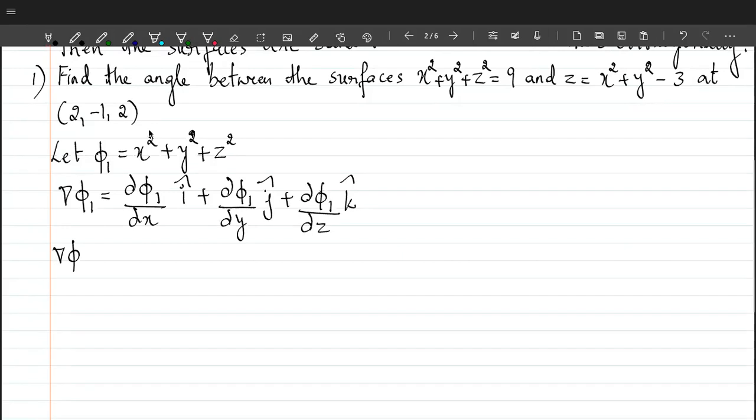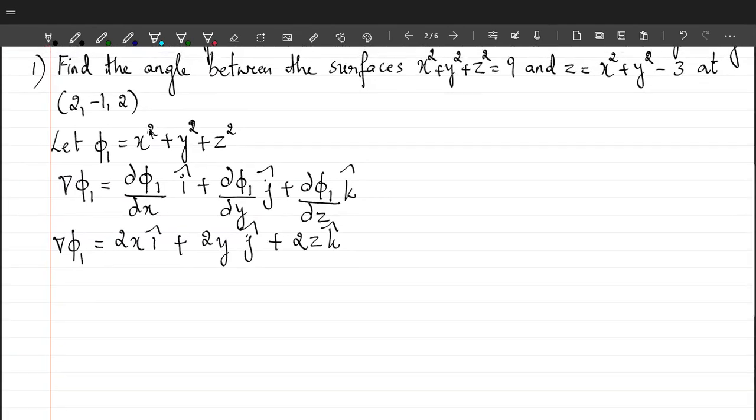So let's find that. I should be getting del phi 1 equal to dou phi 1 by dou x should be 2x i cap. Here it should be 2y j cap, and here of course it is 2z k cap. Now what I want to calculate is the angle between these two surfaces at the given point.